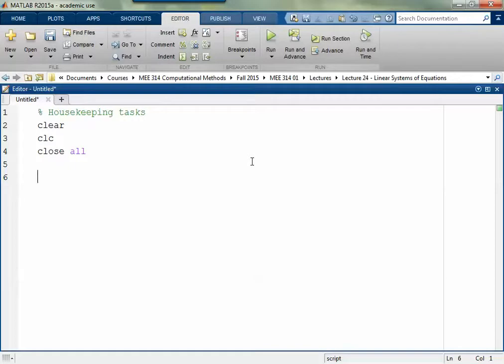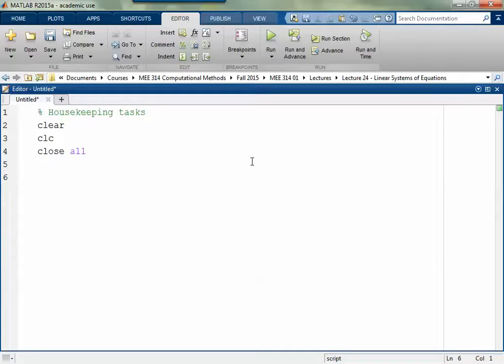So the only things we really have to do are define the A matrix and the B vector. If we had any variables, like G or x or whatever else, we could define these up here at the top of the script too, but for this problem we just need to define our A matrix and our B vector.